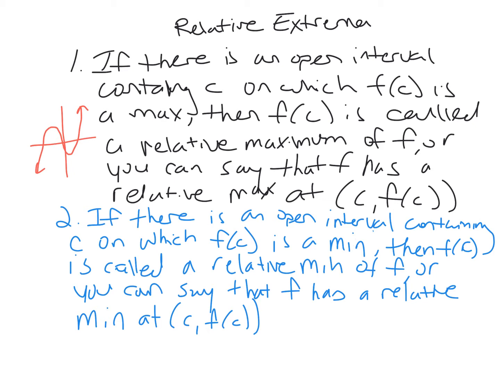So that's where we can call this a relative max. And down below here would be a relative min for a given interval. You might also hear me call it local instead of relative. I was brought up calling it local extrema, but I think your book and your homework will be using relative a little more frequently, but they're interchangeable. If you hear me say local, it's another way of saying relative extrema.